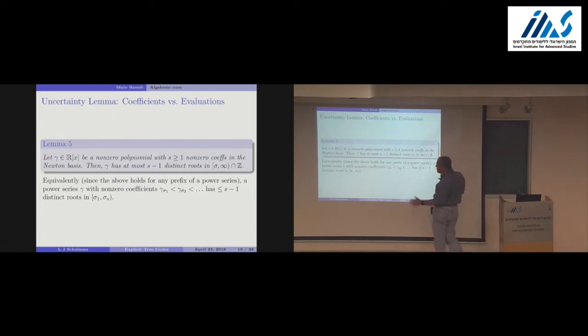And there's actually some mathematical commonality. Sigma is the first place where gamma has a non-zero coefficient, the index of the lowest non-zero coefficient of gamma.